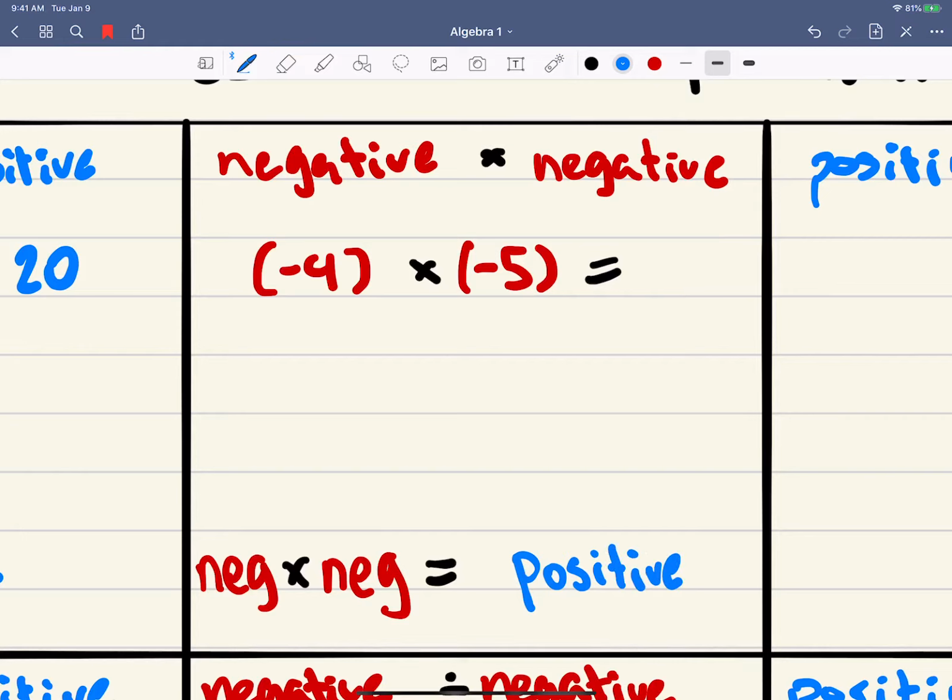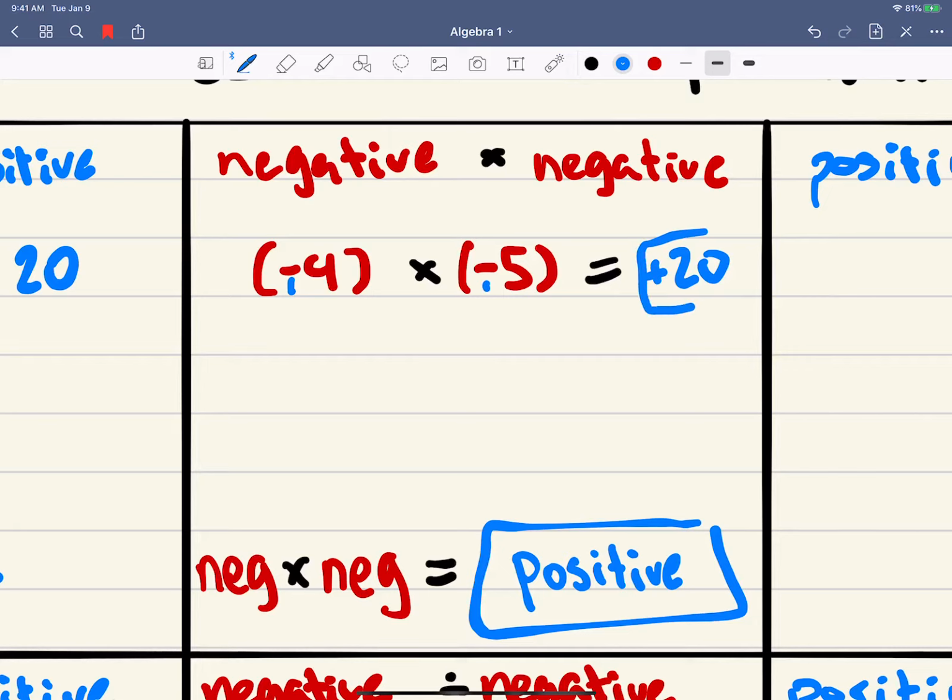So no matter what, if you're multiplying two negative numbers, the outcome is always going to be positive. What we do is we ignore the negative sign, and then what's 4 times 5? That's 20. But because it's a negative times a negative, we're going to have positive 20 as our answer. Now, you don't have to write the plus sign. I just did that to emphasize that we're doing a plus.